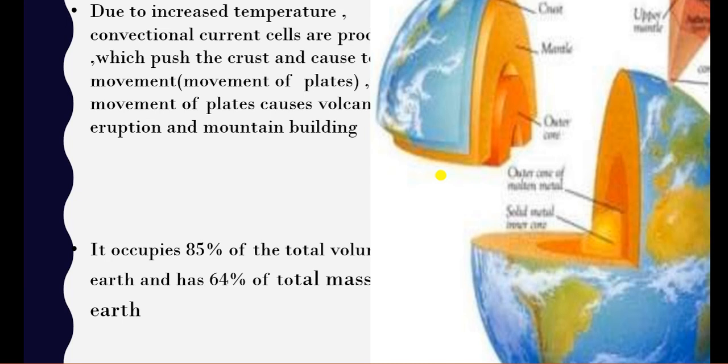Those pieces of rigid mass of earth are called plates. Now, what are convectional current cells? With increasing temperature, there is convection. Convection means transfer of heat when material moves from one place to another, that is, when heat is transferred with the movement of material.